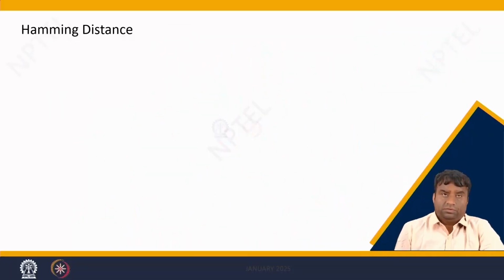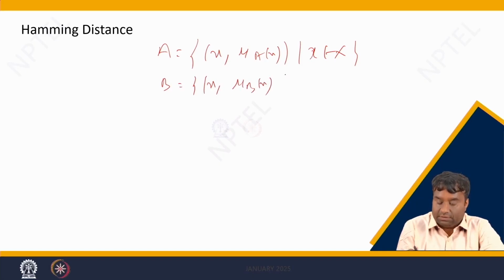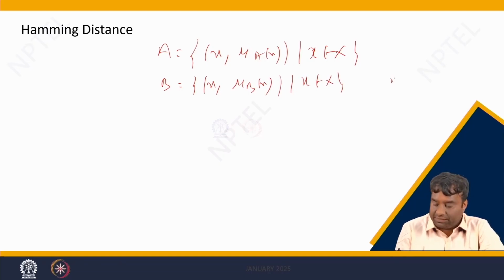Now, terms. First one is Hamming distance. Let A be a fuzzy set, x, mu A of x, x belongs to X. B is a fuzzy set, x, mu B of x, x belongs to X. Let these two sets have n elements.